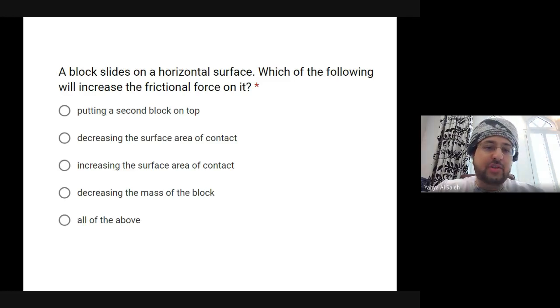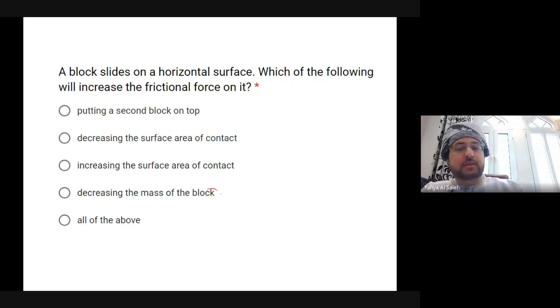Remember, we want to make the friction force more. Okay, we have answers all over the place between A, B, and C.